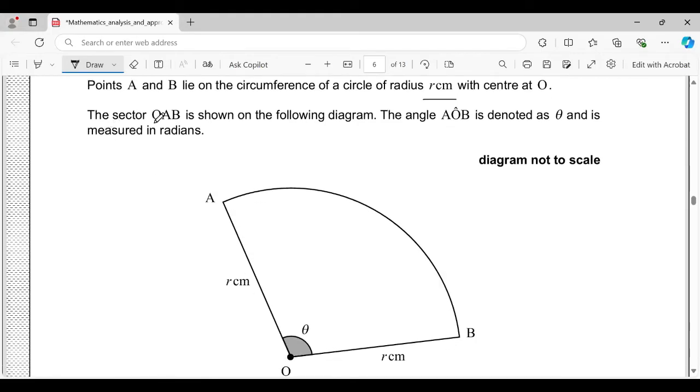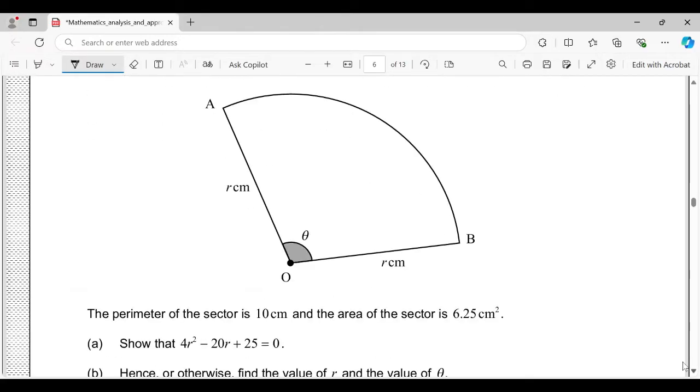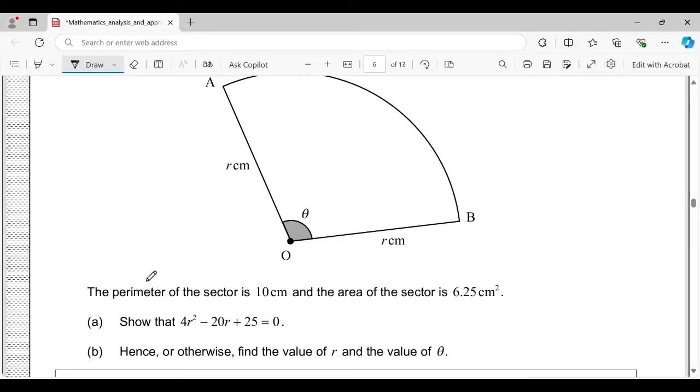The sector OAB is shown on the following diagram. The angle AOB is denoted as theta and is measured in radians. The perimeter of the sector is 10 centimeters, and the area of the sector is 6.25 centimeters.